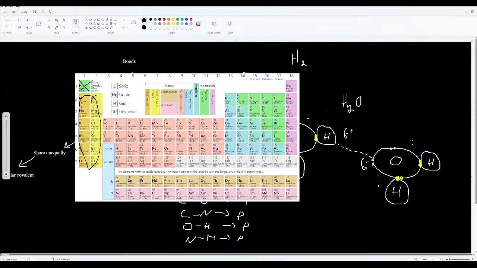Elements in this column specifically have 2 electrons that they want to get rid of. Elements in this column have 1. So if you ever see anything about sodium, potassium, lithium, they have 1. And for 2, calcium and magnesium, it's going to have 2.